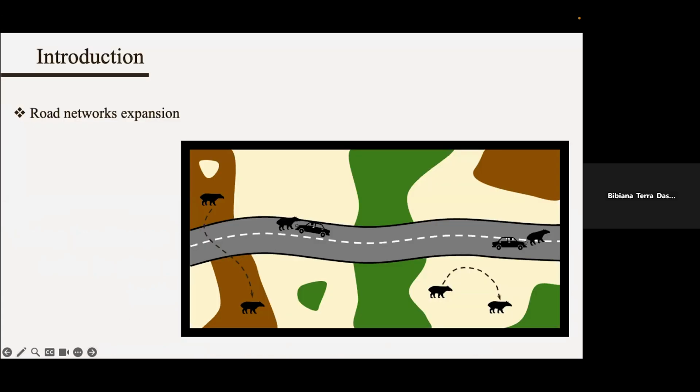As everybody here knows, wildlife faces significant global challenges as road networks expand, which leads to habitat fragmentation and increasing animal-vehicle collisions. The interaction between road infrastructure and animal movement patterns is critical for understanding and mitigating these impacts.